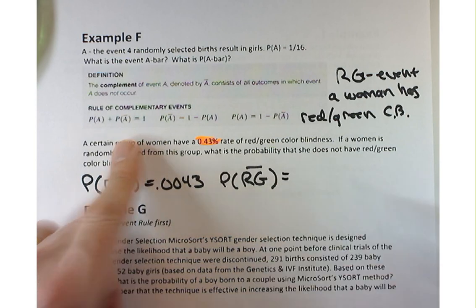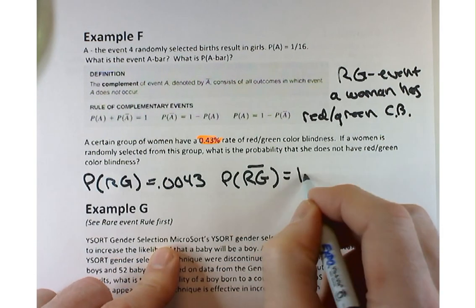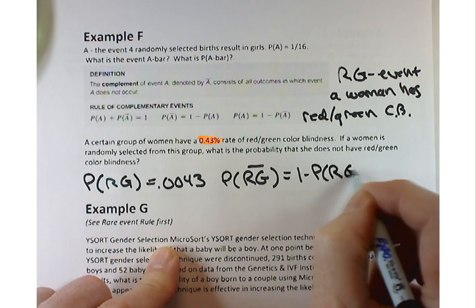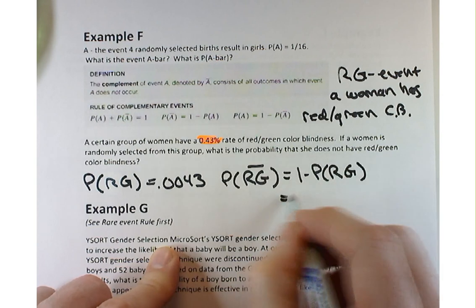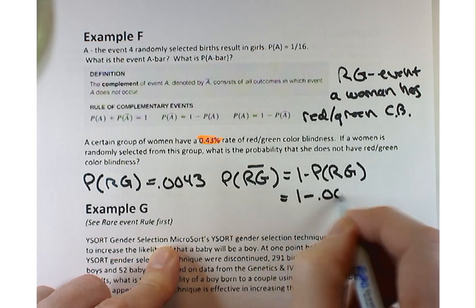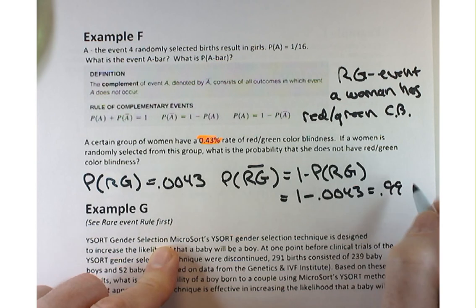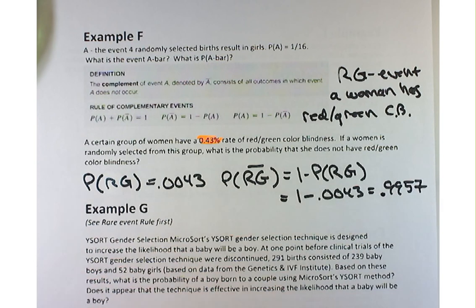Subtract from 1. Thank you, ladies. So it's going to be 1 minus the probability of RG, which is 1 minus 0.0043, which is 0.9957. Beautiful. So you're getting something indirectly by using the complementation rule.